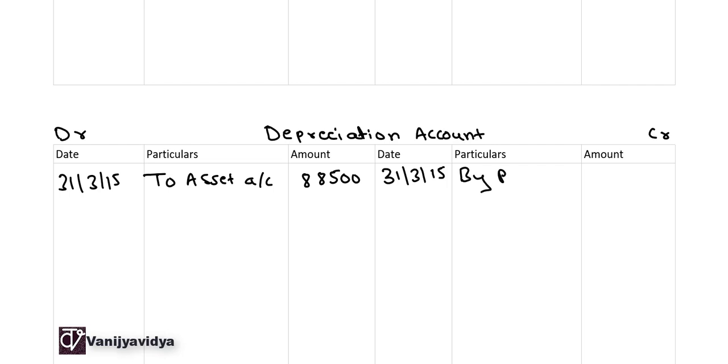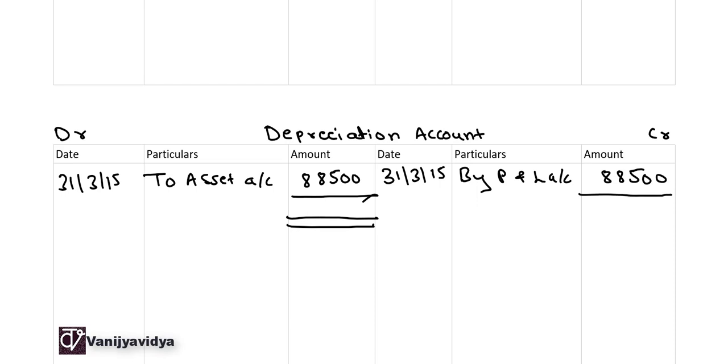So on the credit side, by profit and loss account, 88,500. Since depreciation is a nominal account, expense account, we transfer it to profit and loss at the end of the year. So there is no opening or closing balance in the depreciation account. So these were the entries for 14-15.